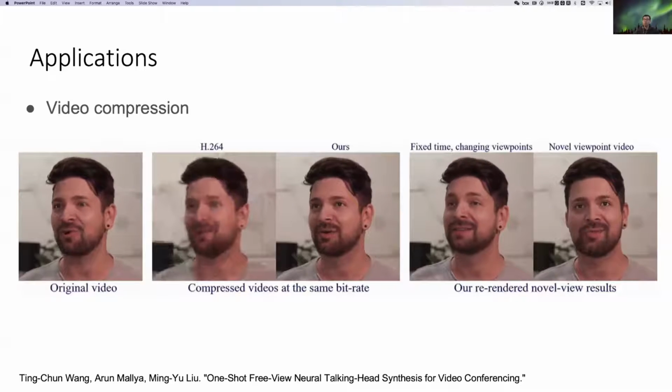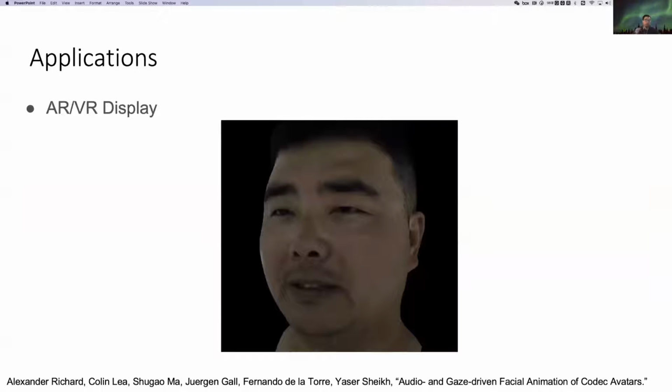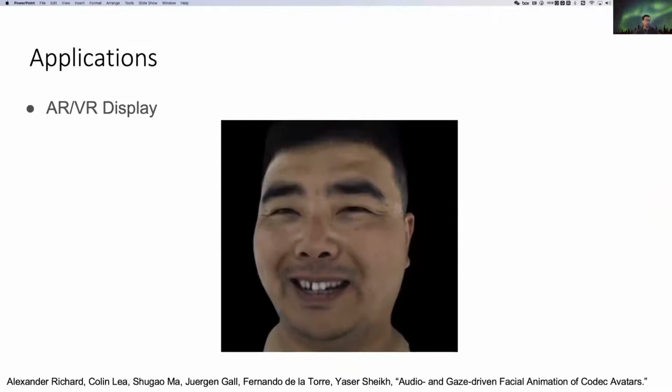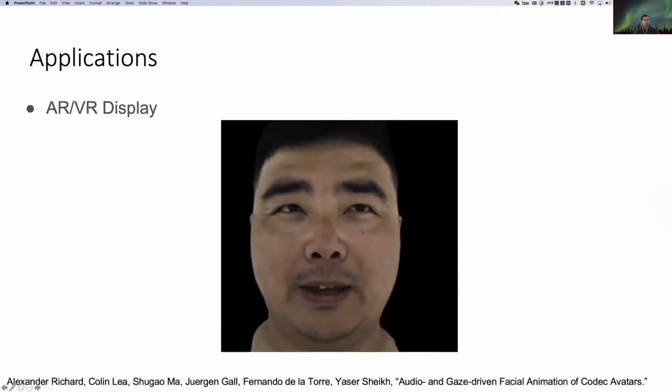And also another big advantage of this one is AR VR display. For example, the researchers at Facebook describe the first approach to animate parametric models in real time, which could be deployed on commodity virtual reality hardware using audio.